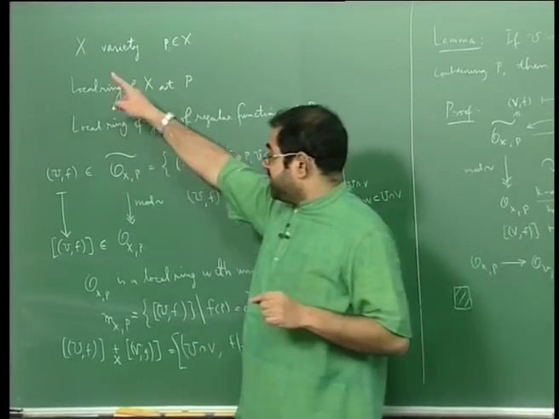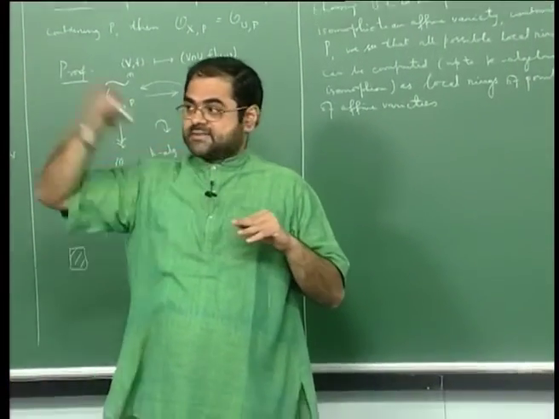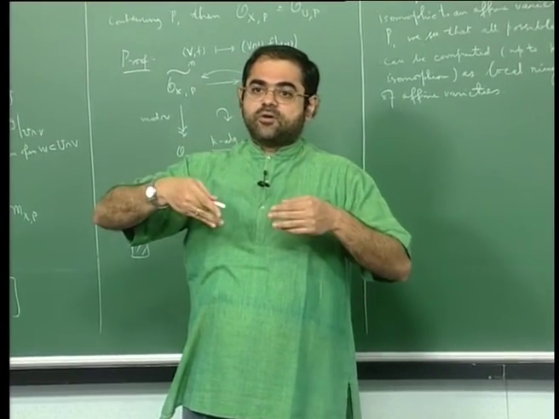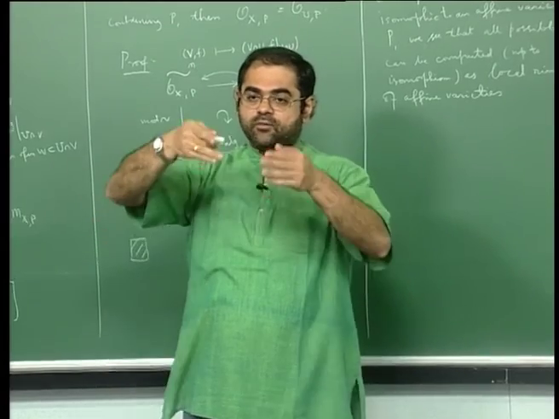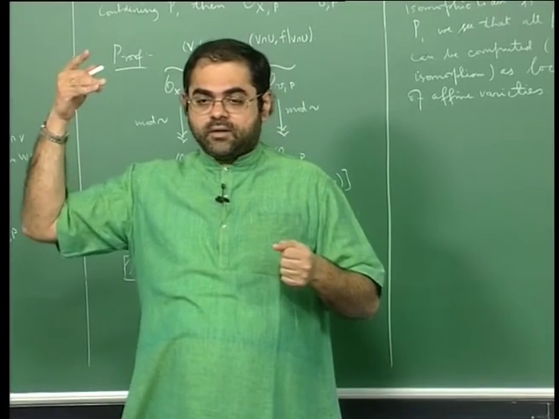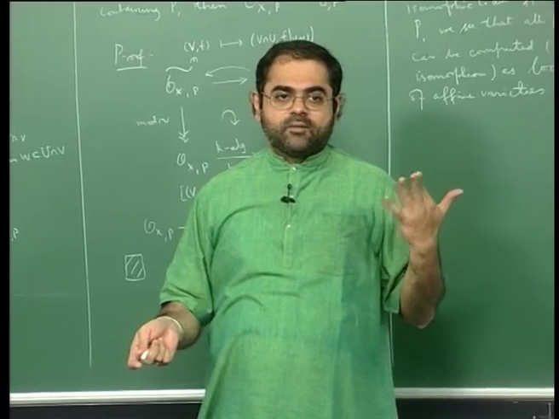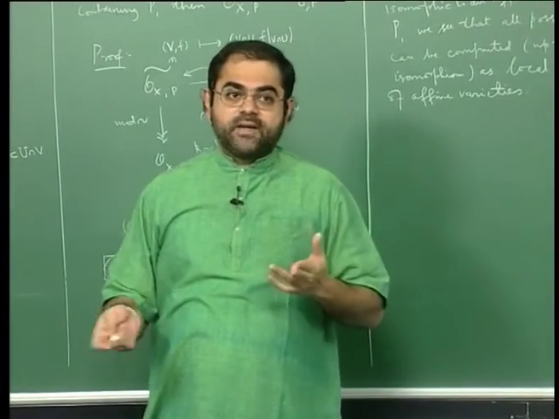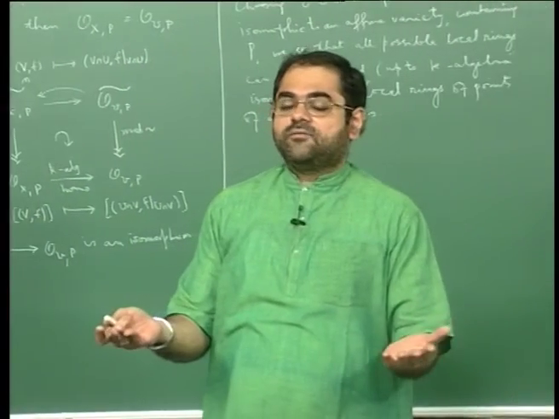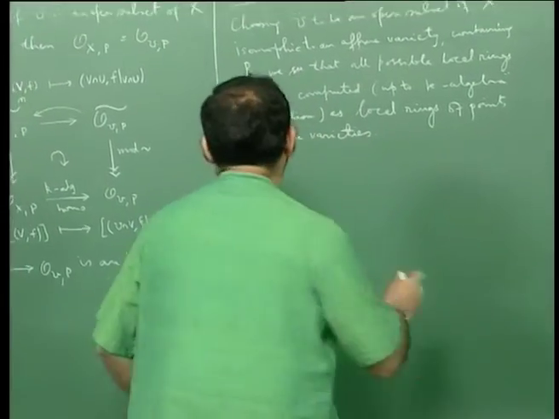If this variety is isomorphic to another variety, and under this isomorphism this point goes to another point, then this isomorphism will automatically induce an isomorphism of the local ring of the source variety at the source point with the local ring of the target variety at the target point. You will get it automatically because the isomorphism will be induced by the pullback of functions.